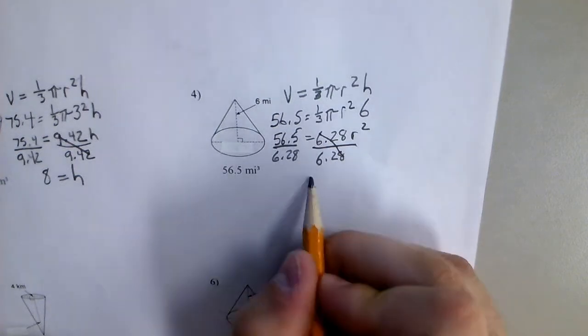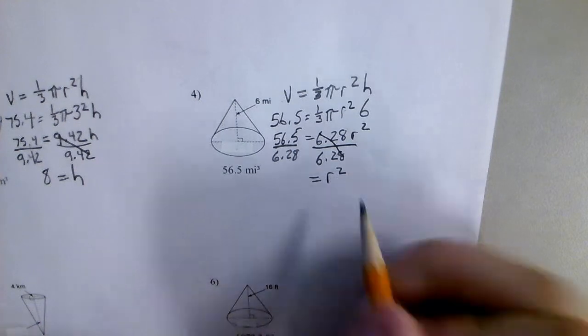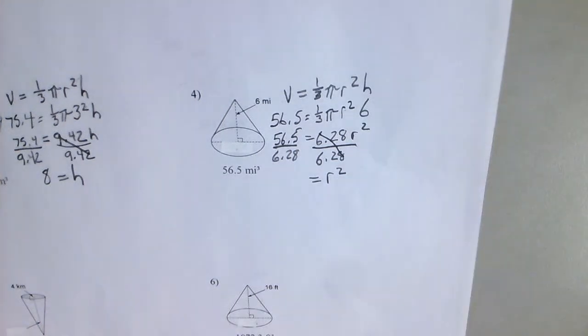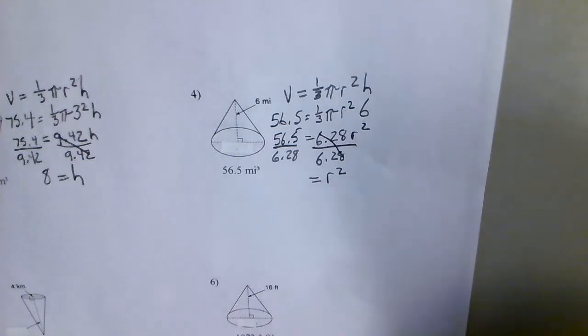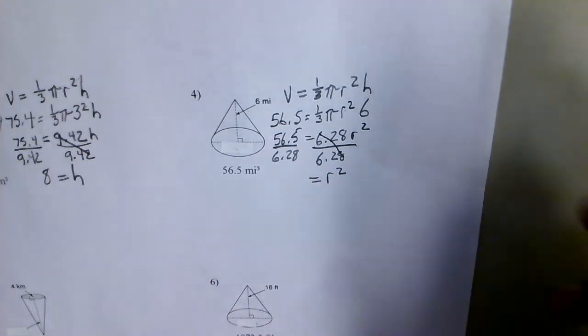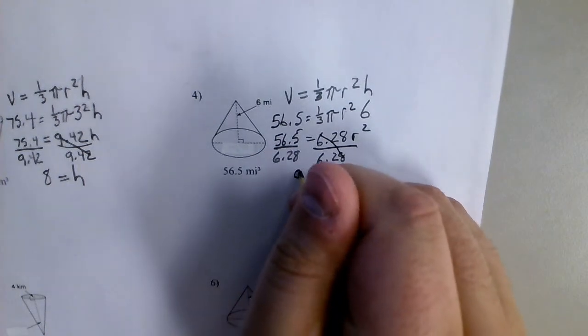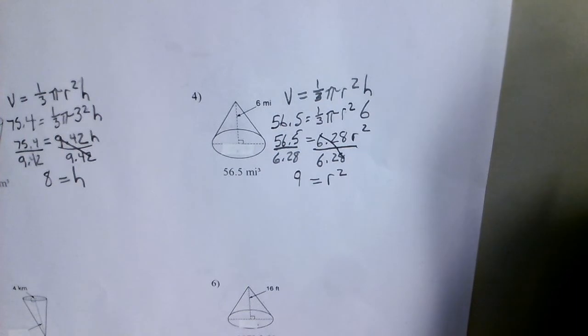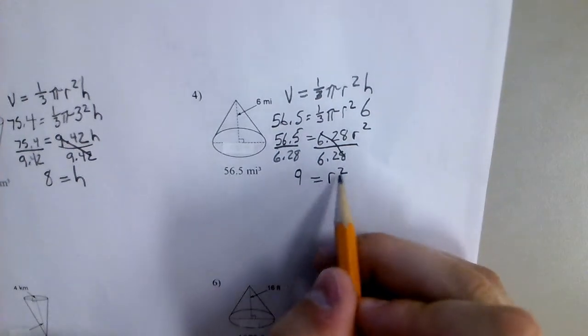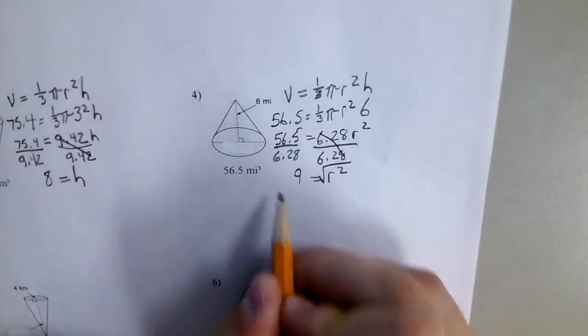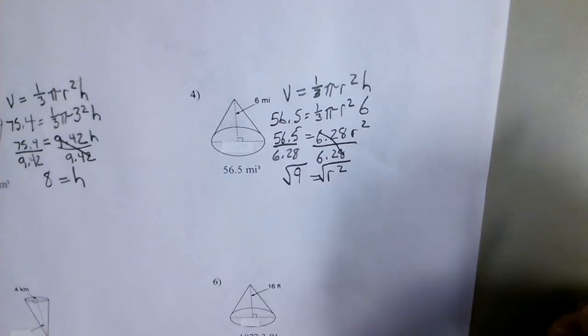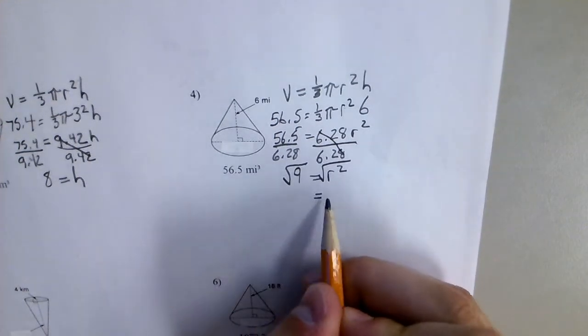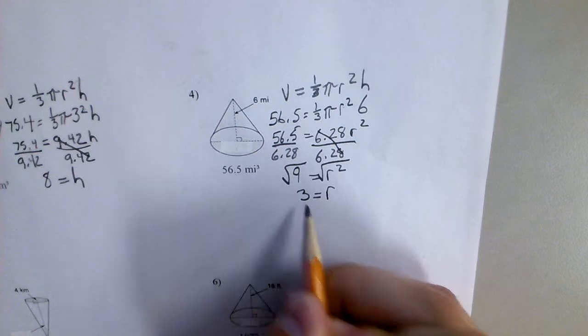And those will cancel, and I'll get r squared. And then the other one, so let's say 56.5 divided by 6.28 equals, and it's like 8.99. We're rounding to the nearest whole, so this is going to be 9. And then r squared, to get rid of squared, we do the square root of each side. That's going to cancel. We get r equals 3.